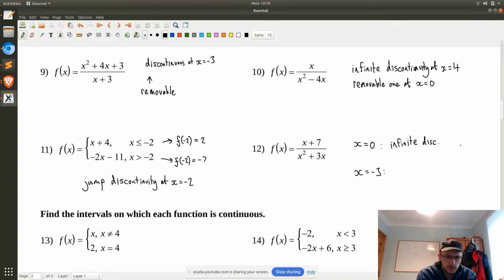Approach from the right. Negative 14-ish. Okay, getting larger negative numbers.